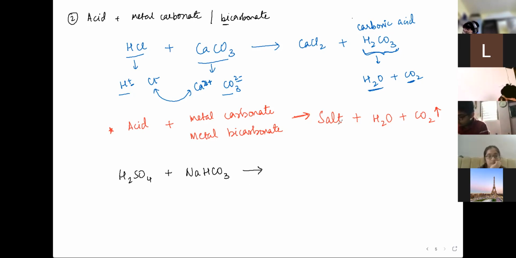So the salt is basically the cation from here and the anion from here. So it's going to be Na and SO4. What will the formula be for the compound between Na and SO4? Neki. Sorry, can you repeat?